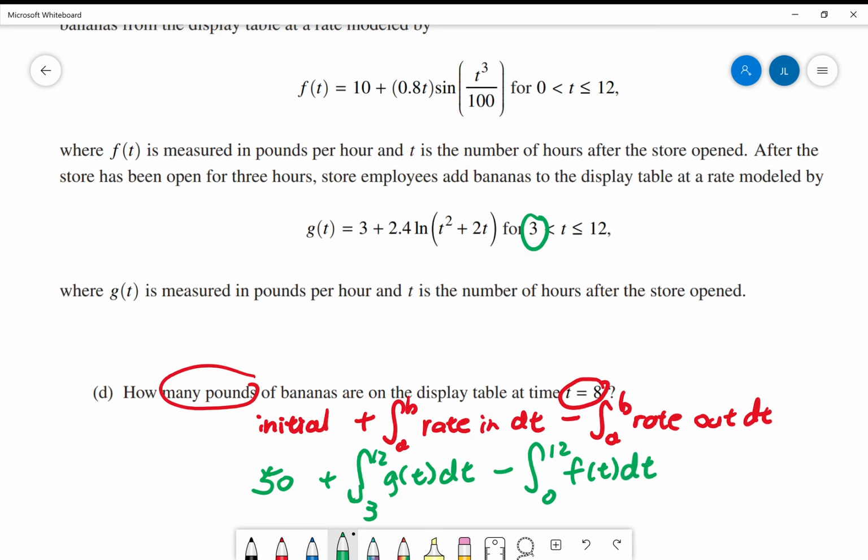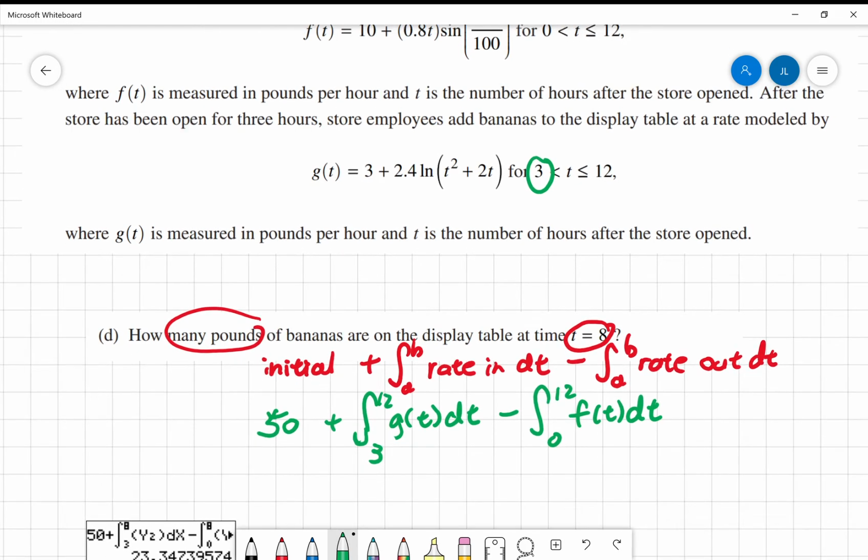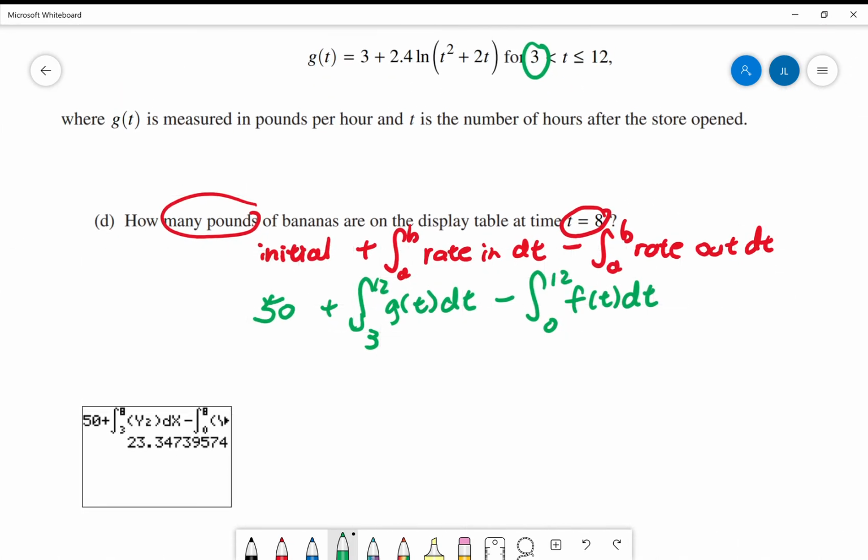So this is the one little tricky part about part D. The rest is all plugging it into the calculator, making sure that you put the functions into the right order. And once you plug it into your trusty calculator, you're going to get 23.347 as your final answer. And again, because you're talking about how many pounds of bananas, the units here would be pounds. And that is all, folks, for question number 2.